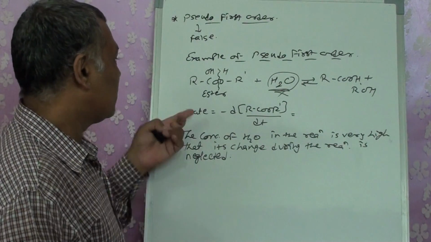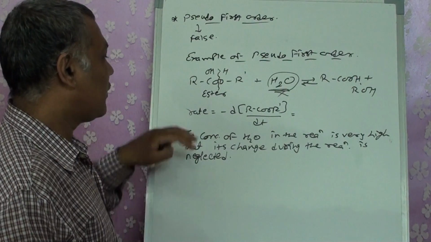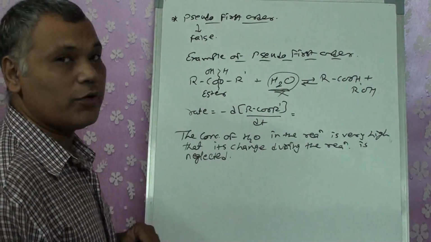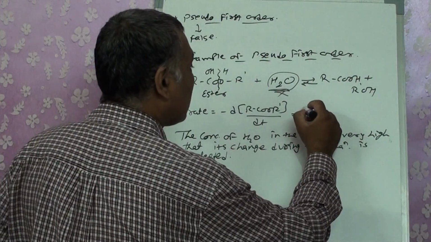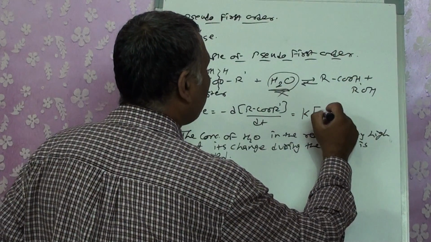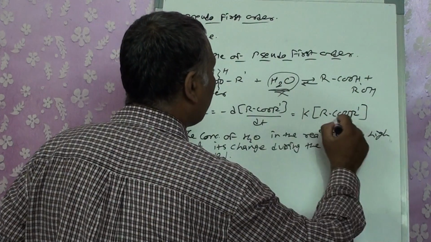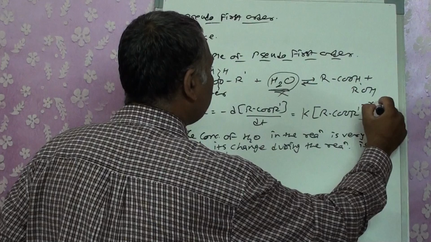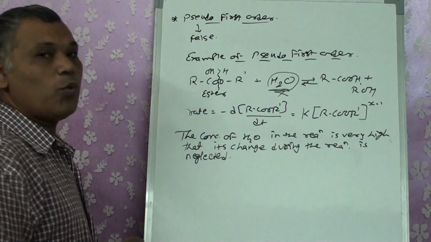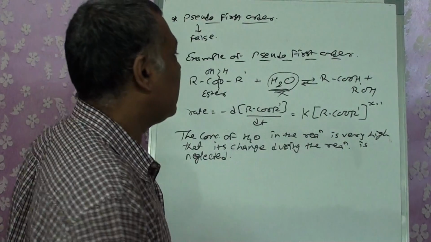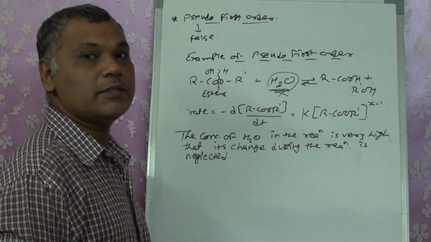As a result, what happens? We get the differential rate equation as minus d of RCOOR dash upon dt, which will be directly affected by the concentration of the reactant, and that will be only for the ester, and its x value equals 1, right? And that's the reason why we consider its order of reaction as 1.